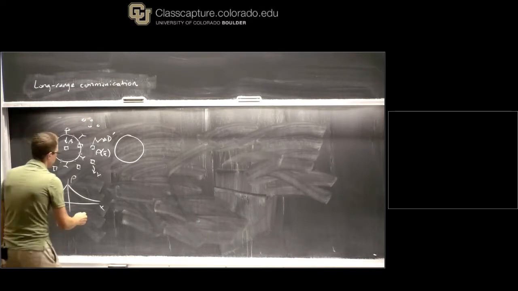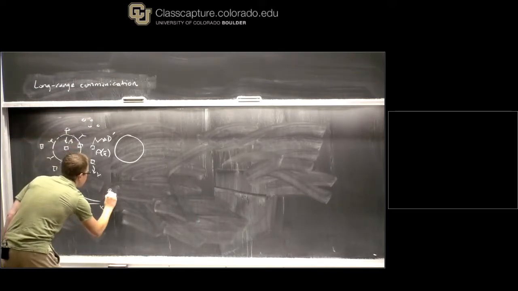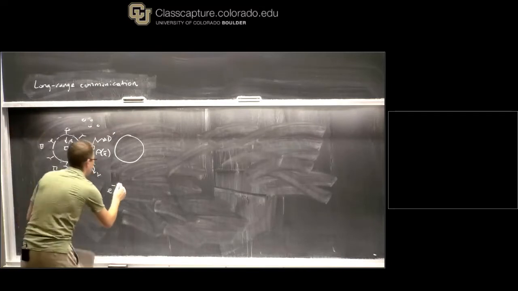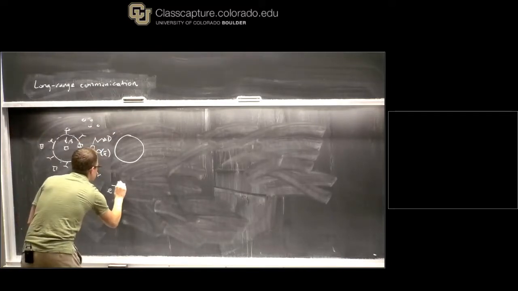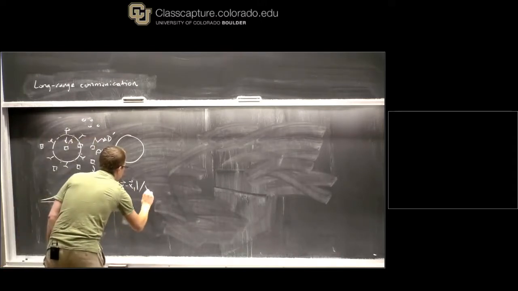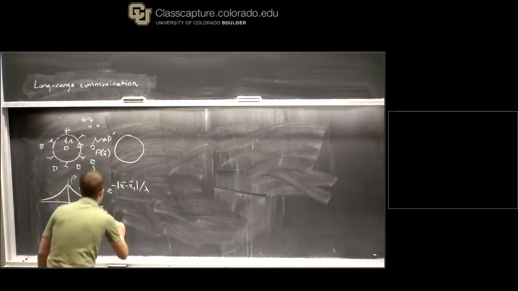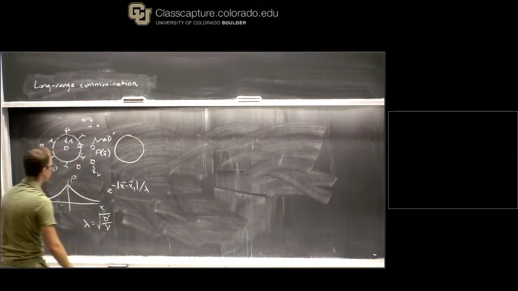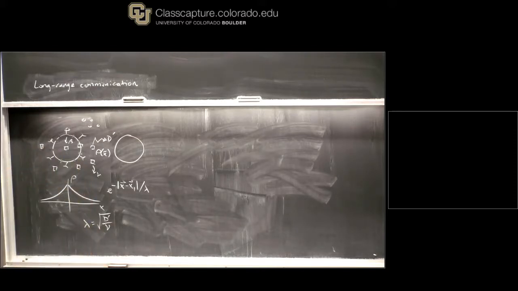It should go like e to the minus the distance that you are from the source over some characteristic length scale, which I'll call lambda. And that lambda is simply the square root of D prime over nu, right? It should get bigger with diffusion and smaller with the degradation rate.